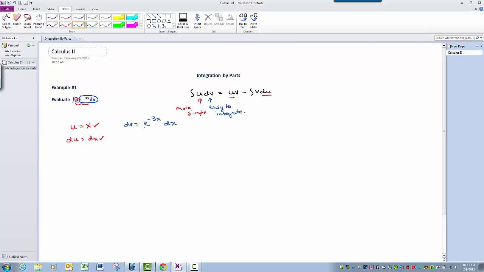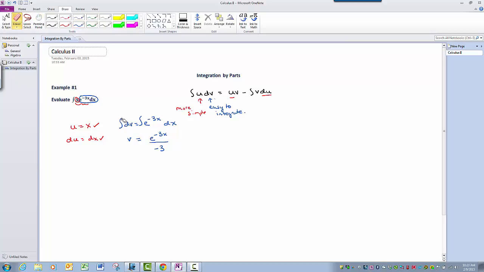So if we want to work backward, if we take the integral of both sides, so if we find the antiderivative of both sides, the integral of this is v, and working backward on this guy, it is e to the negative 3x over negative 3, and you can check that using substitution.